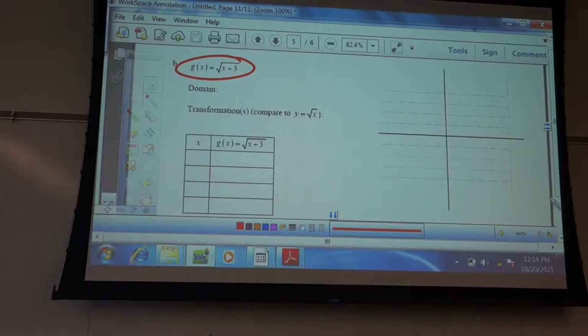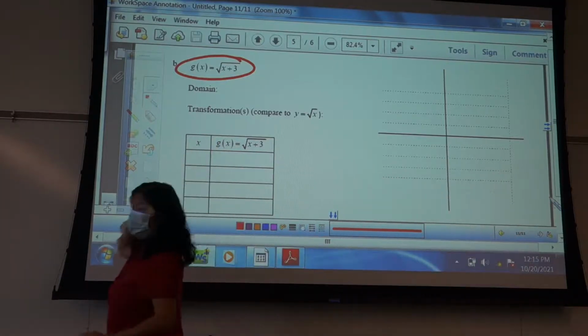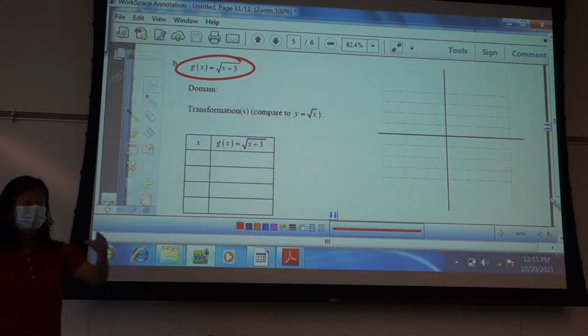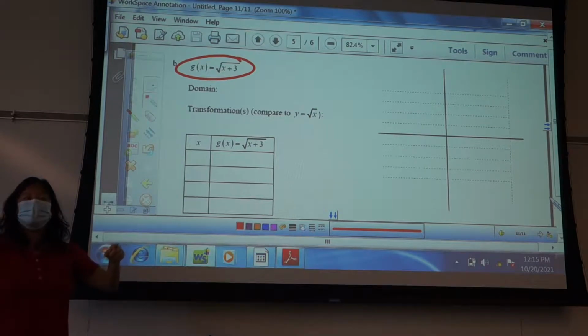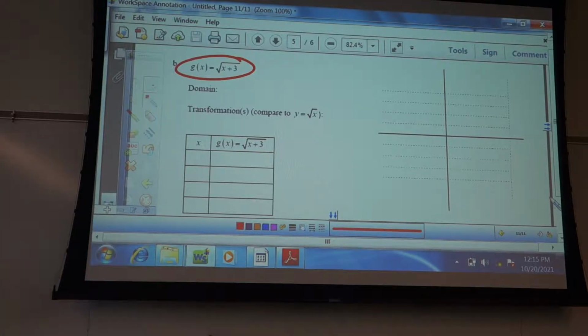Is it on the inside or the outside? Inside. So it's left, right. Which one is it, left or right? Left, because it's plus. How much? 3. So left 3.